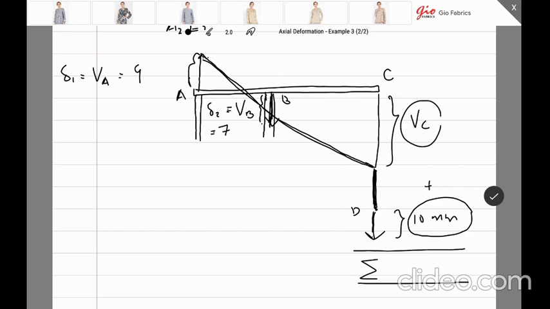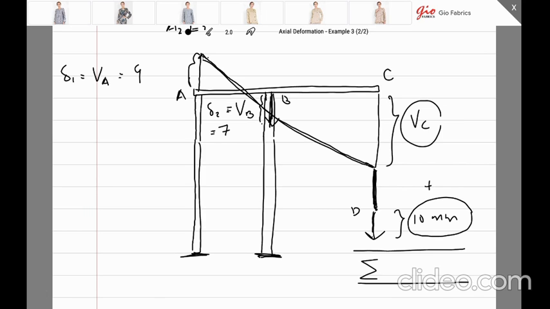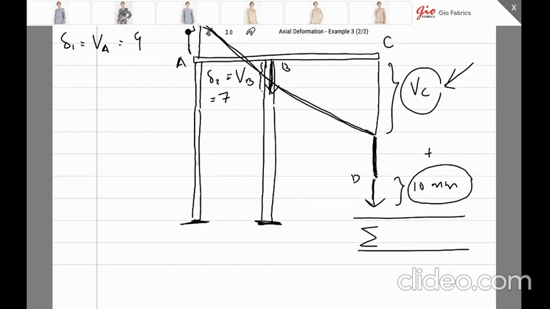So now what we want to do next is to find VC. Let's say this is the position, the length of this rod 1 and also post 2. Alright, so now find VC, then the problem is solved. So let's find VC.